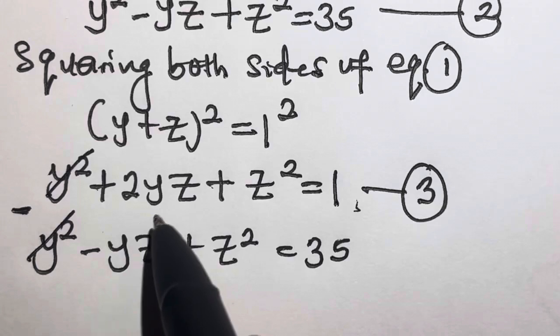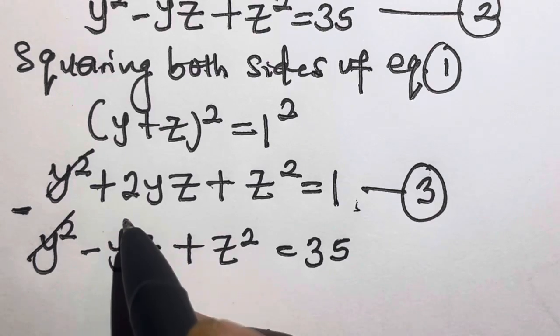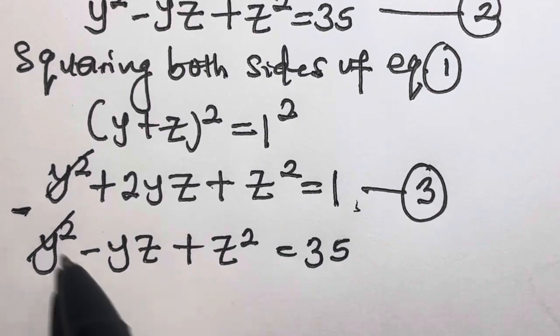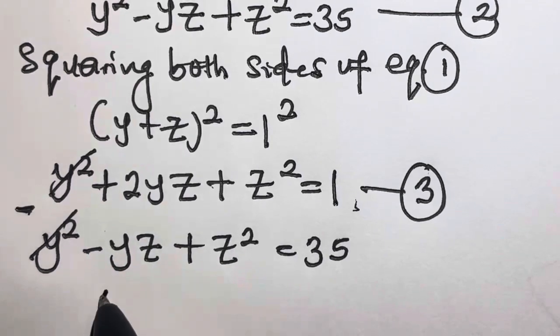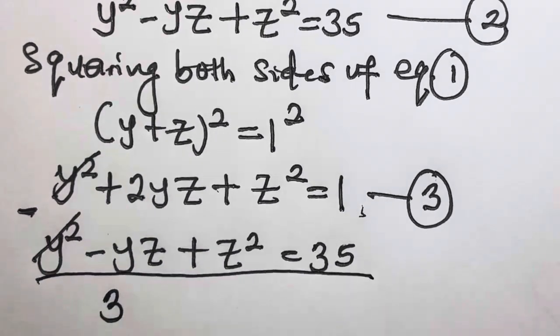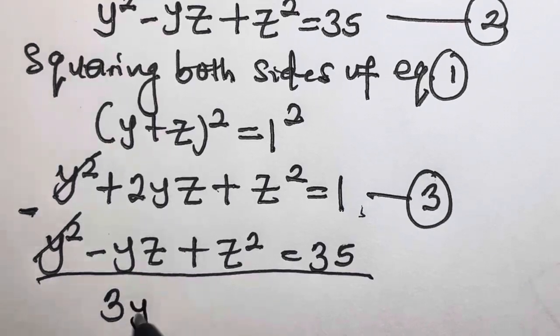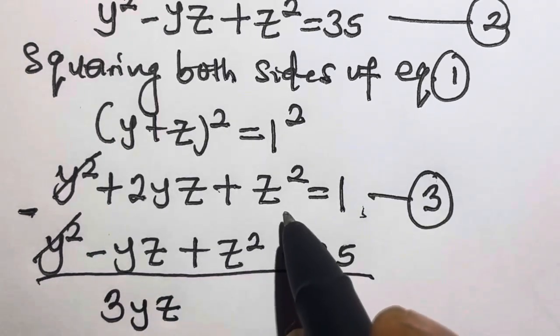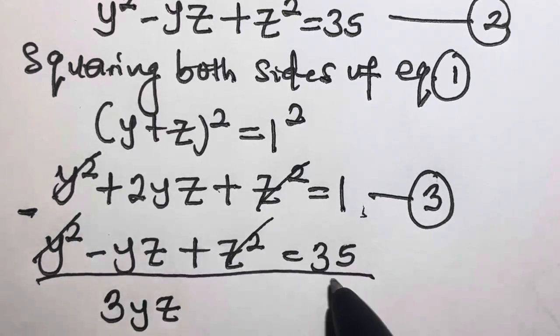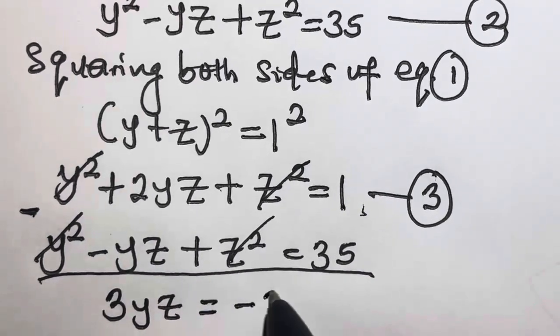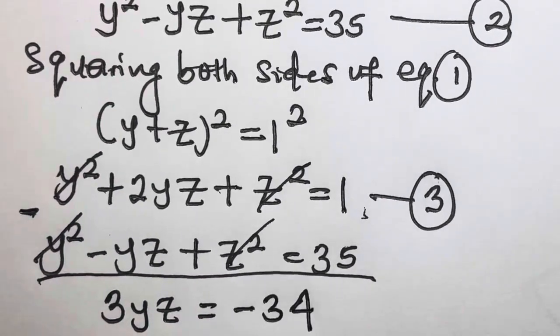We will have 2yz minus times minus, that is plus yz. So that is 3yz. So we have 3yz, right? You also know that this will cancel this. So we have 1 minus 35, so that is minus 34.